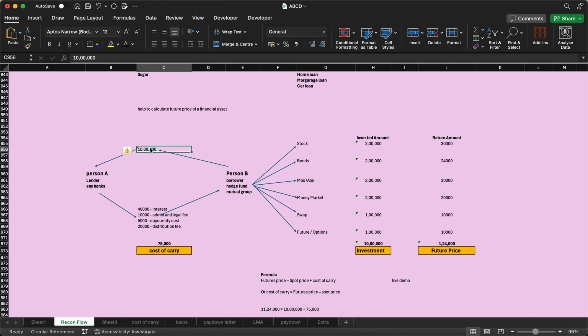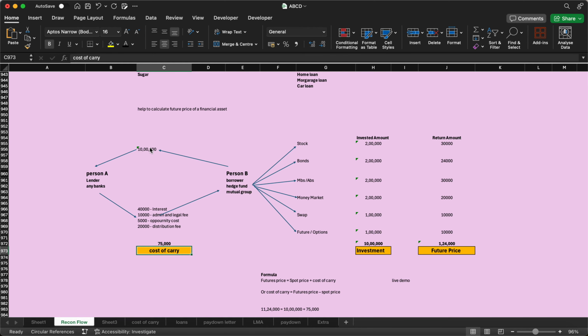Whatever the cost of this, they have to pay that cost: they want to give the lender the interest, the admin fee and the legal fee for the legal documents prepared between them, and also the opportunity cost, the distribution cost, and many more. So the cost of carrying this amount between lender and borrower is called the cost of carry. If we total this, we get a calculation of 75,000 as the cost of carry amount.